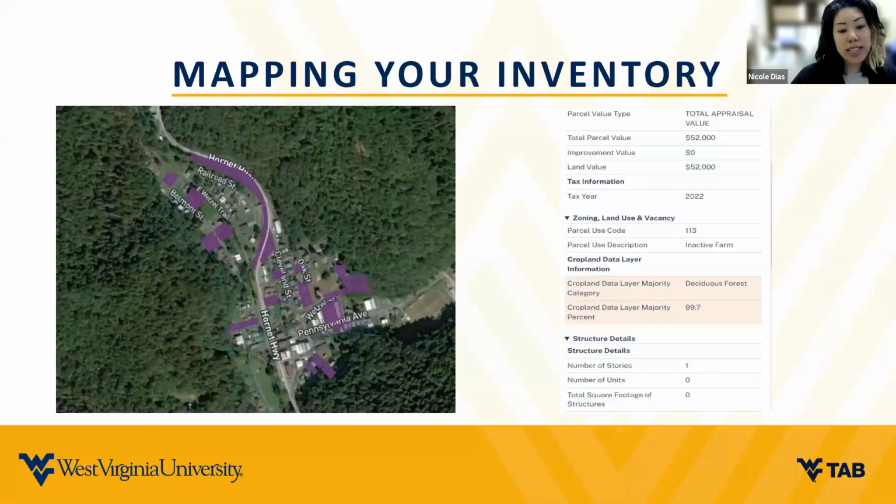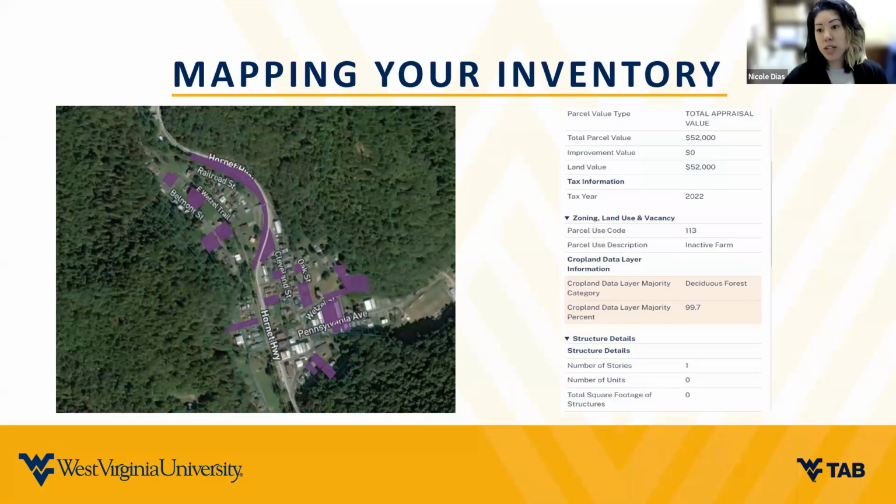This is just a quick snapshot of the Regrid tool that we have available. It is really easy to use, and that is part of a training that can be incorporated into your inventory support program if you are entered into this program. What we do is we simply mark which parcels are brownfields, and on the side here is an example of the types of information that this can pull.